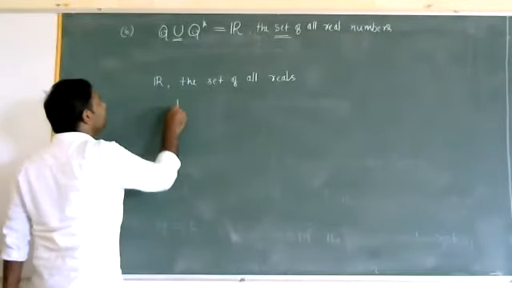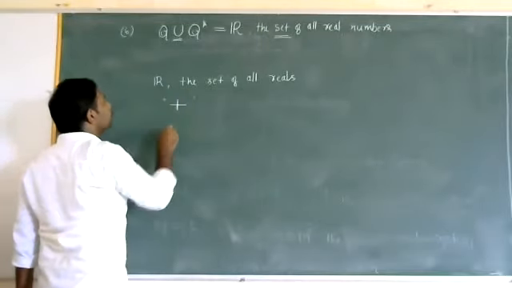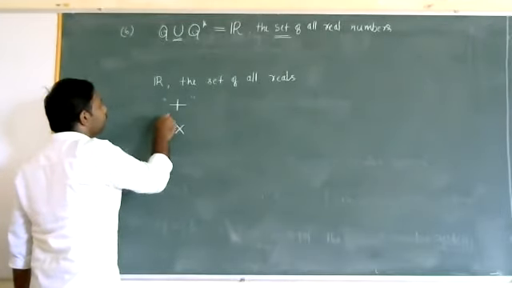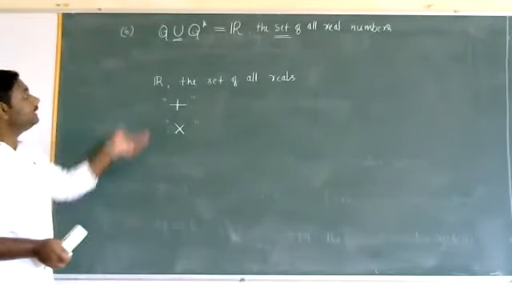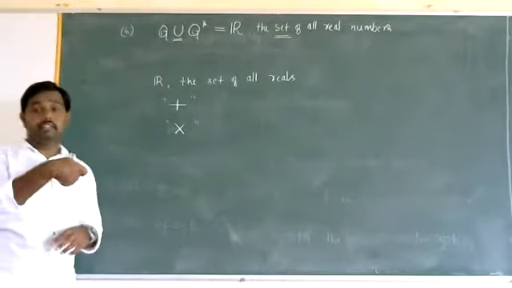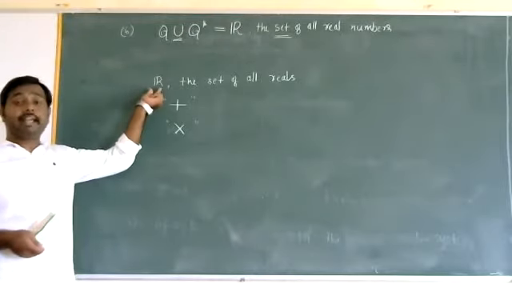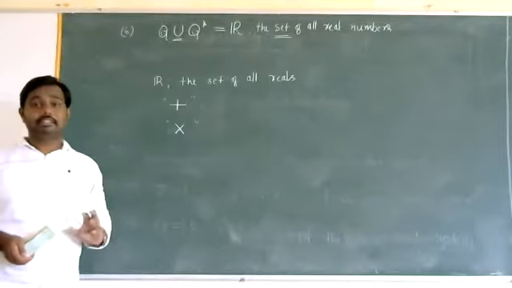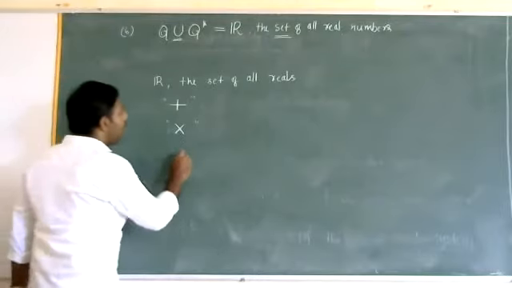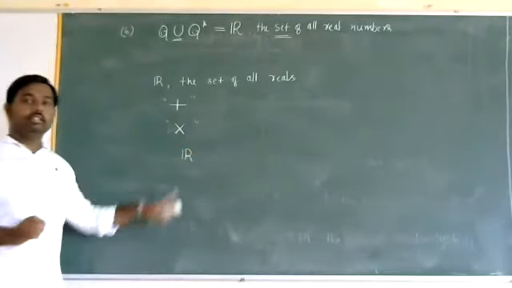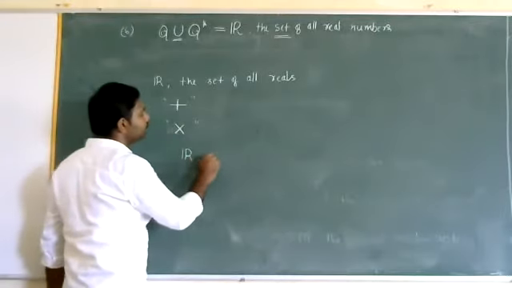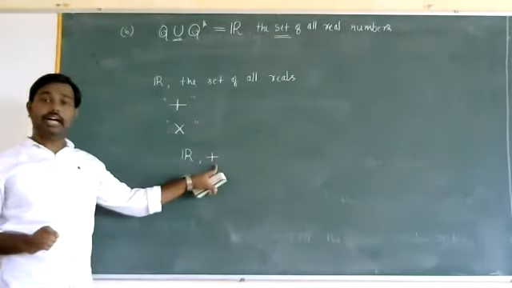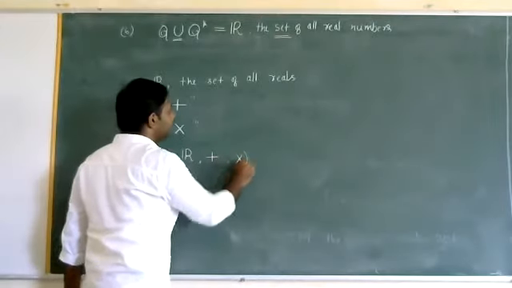So we define the addition operation, we can define the multiplication operation. With these operations we can induce an algebraic structure on these number systems. We all know R, the set of all real numbers, with respect to the binary operations addition and multiplication.